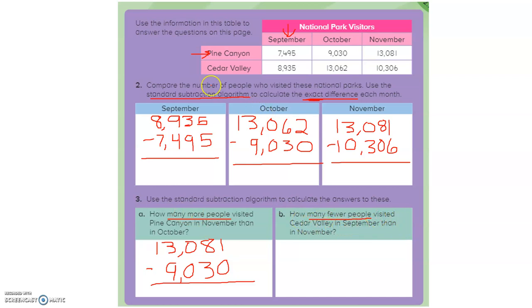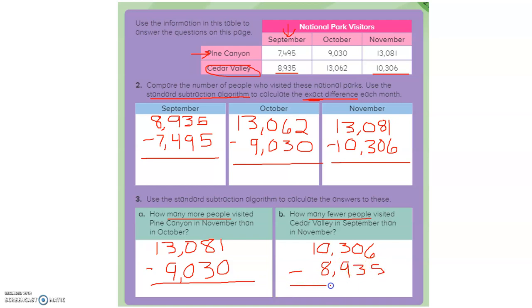Cedar Valley, and so now we're doing Cedar Valley in September, then in November. So the larger one was November, that one goes on top. 10,306 minus 8,935.